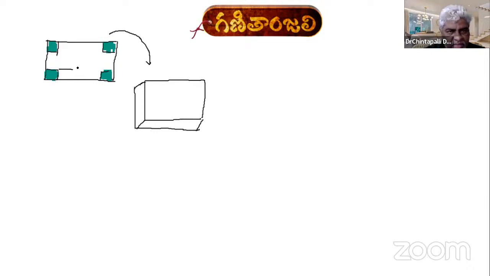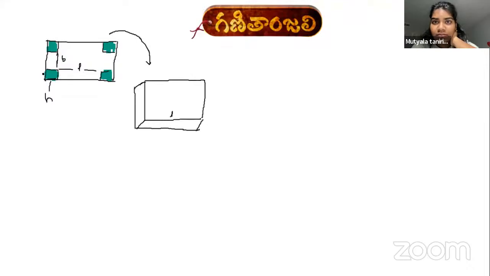This becomes the length of the box. This becomes the breadth of the box. This is the height of the box. For that box, length is this, breadth is this, height is this part.